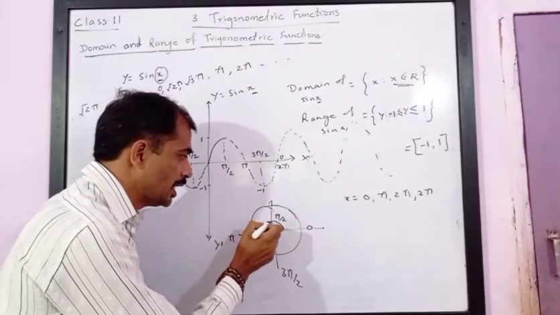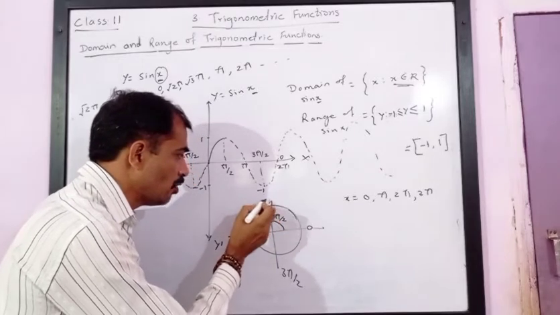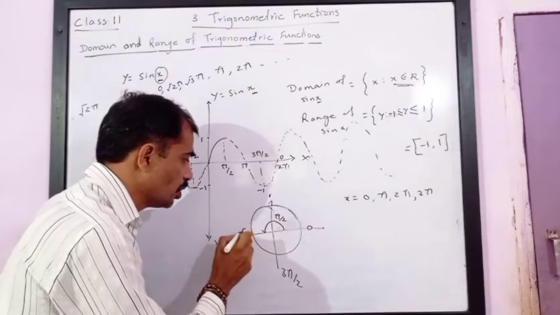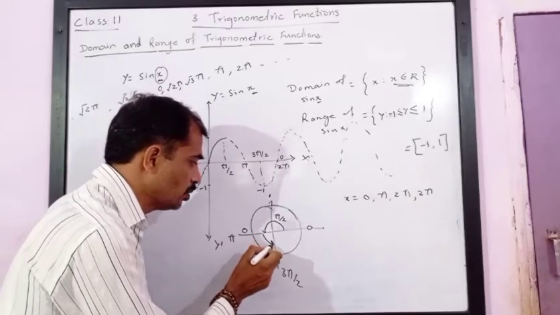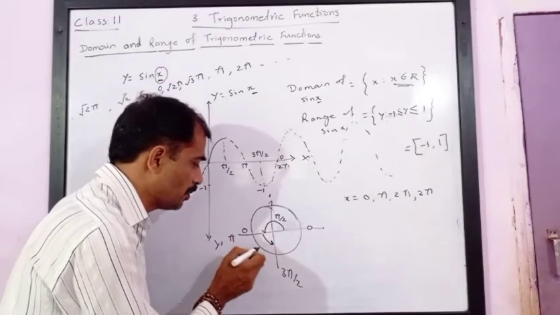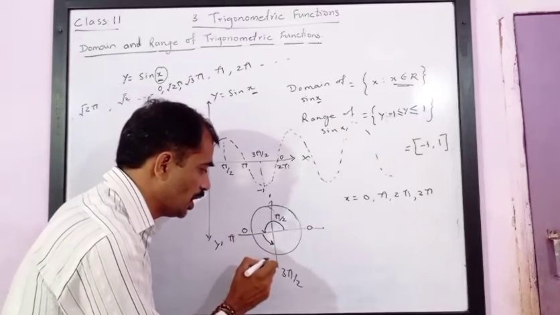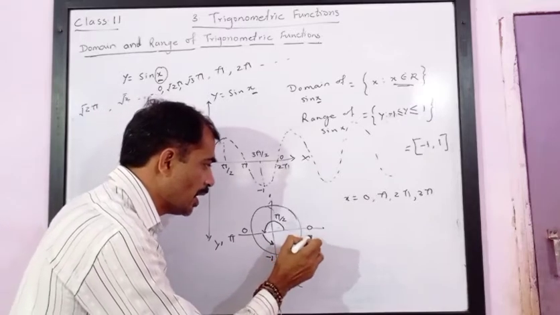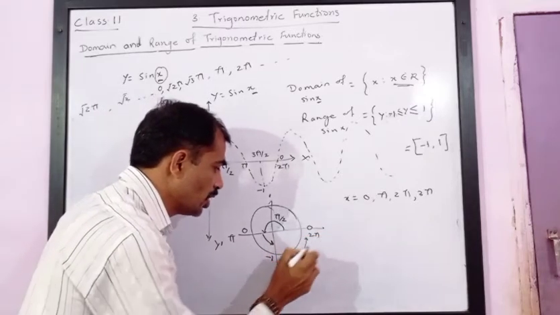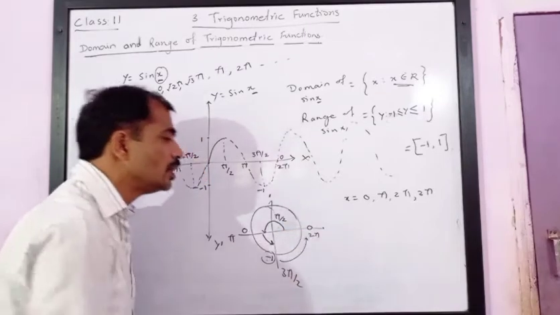From pi by 2 to pi, the value decreases from 1 to 0. From pi to 3 pi by 2, the value decreases from 0 to negative 1. And from 3 pi by 2 to twice pi, the value increases from negative 1 to 0.